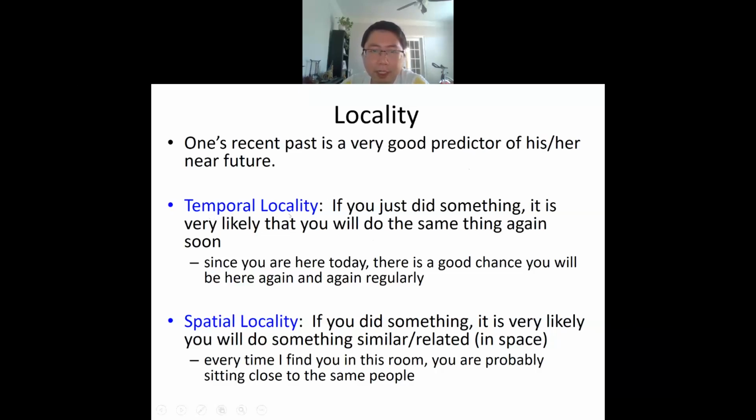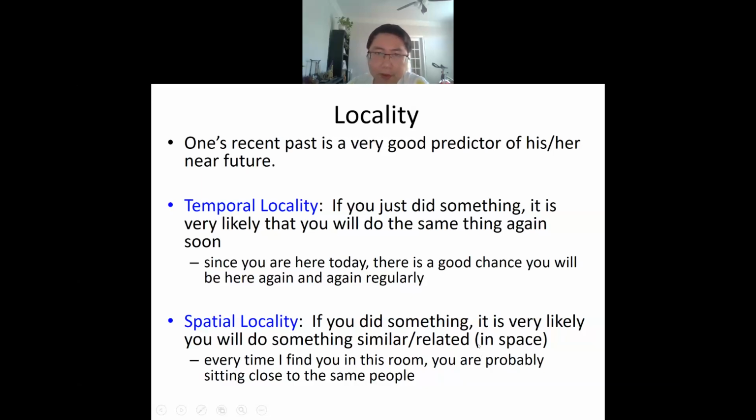One is temporal locality: if you just did something, it's very likely that you will do the same thing again soon. And spatial locality: if you did something, it is very likely you will do something similar in the related space, that is, in the adjacent space or neighbors.